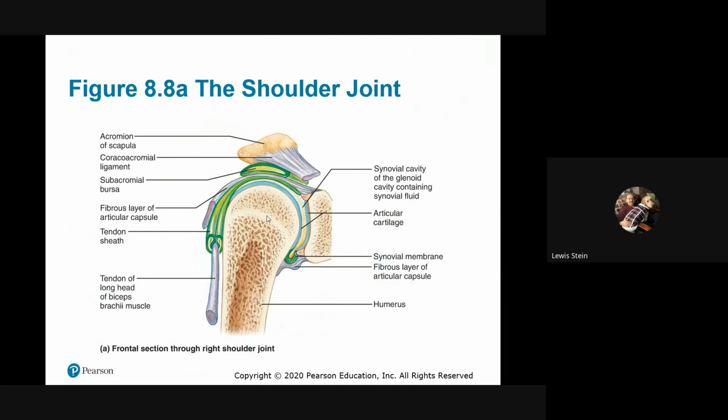There's another one that's round, which is relatively small, but because it inserts in the head, it's called teres minor. Teres major is probably a more important back muscle, but it inserts on the shaft rather than on the head. So technically speaking, it has to go immediately behind the joint.